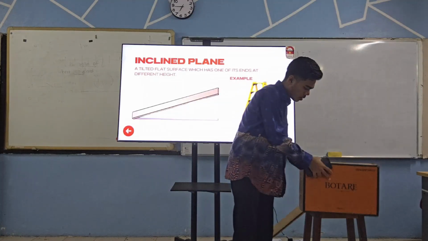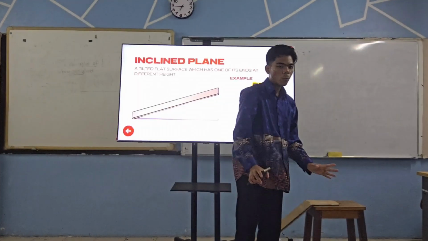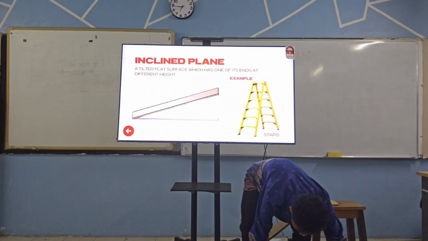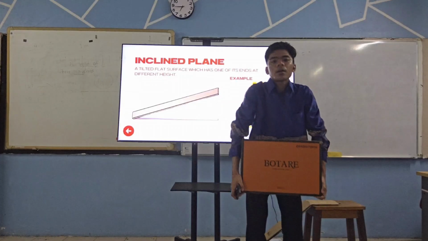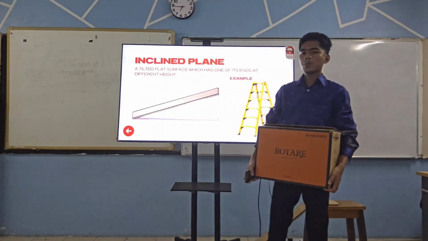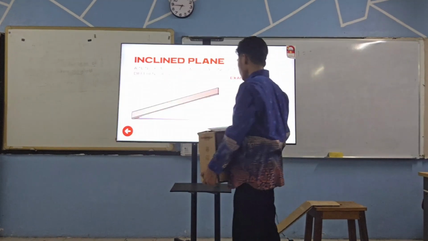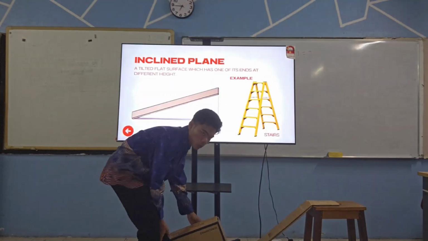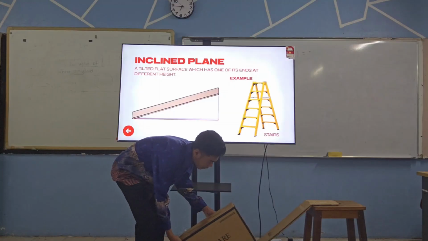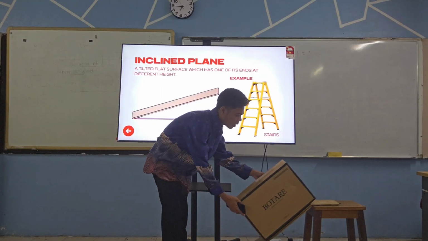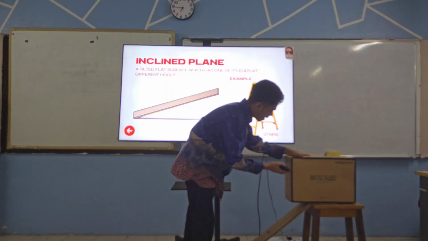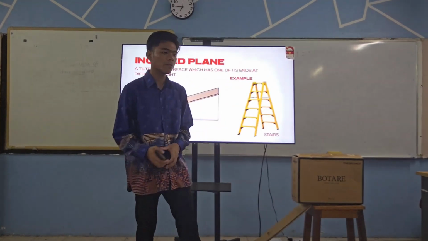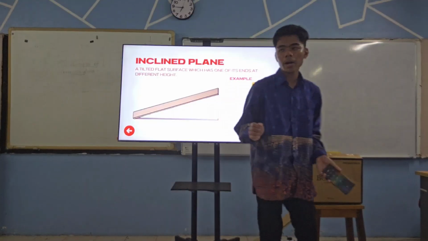If we want to grab it without the inclined plane, we have to use more force because we have to grab it from the bottom and then put it up. However, with the inclined plane, we can just push it through the plane, which is effective and efficient, using less force, and more effective for heavier stuff.